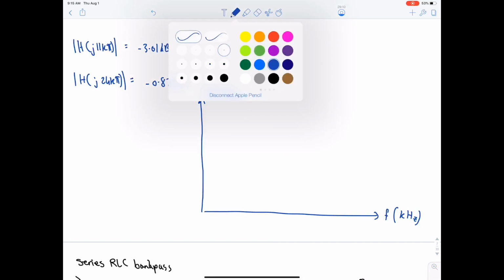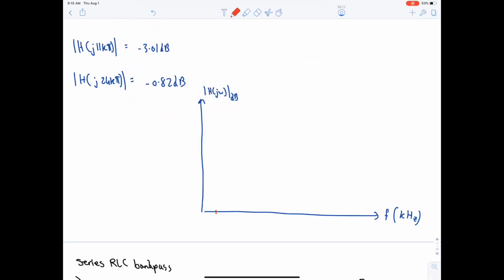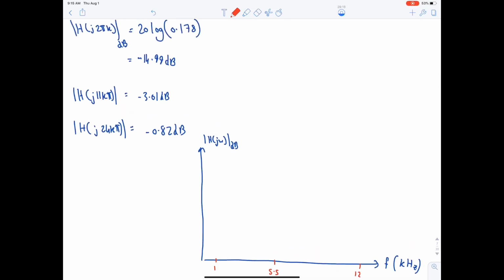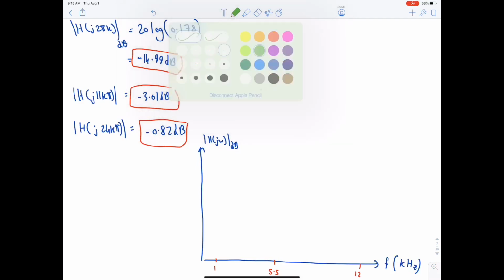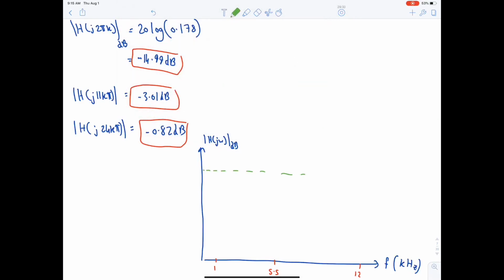We have three frequencies, 1, 5.5 and 12. Notice that all of your answers are negative, but you have to plot them in this area because it's a magnitude. So the solution is to bring up the zero line, so negative becomes here.